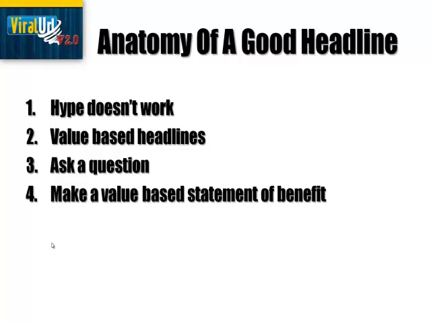New revolutionary email system helps you generate leads and get more sales. That's a benefit. And again, guys, it's always going to come down to testing. You've got to test it, see what works best, and go from there. But make a value-based statement of benefit.